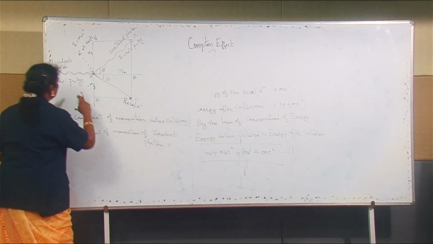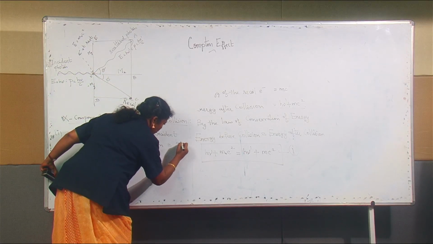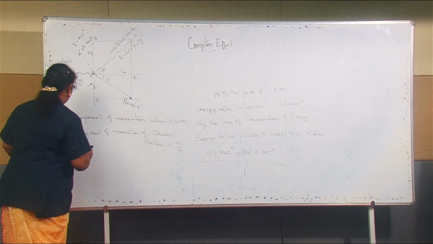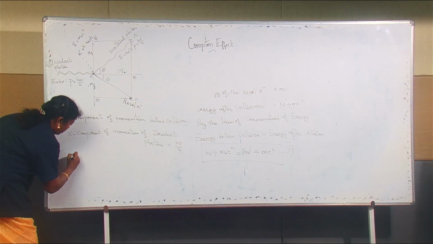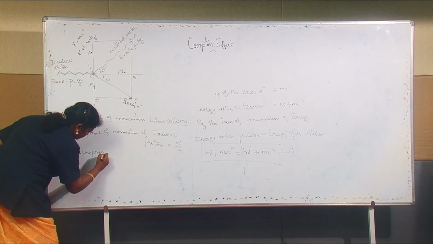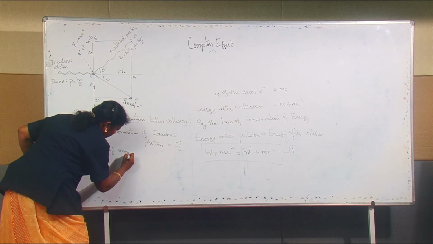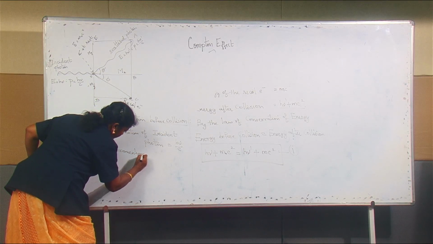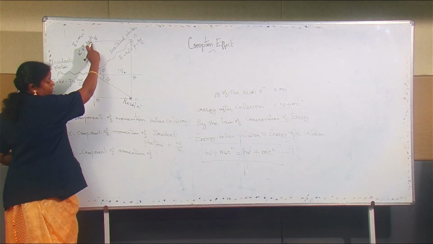So, what is the equation? See the diagram, it is P is equal to h nu by c. So, it is h nu by c. That is the first one. Second one, the x component of momentum of the electron at rest.